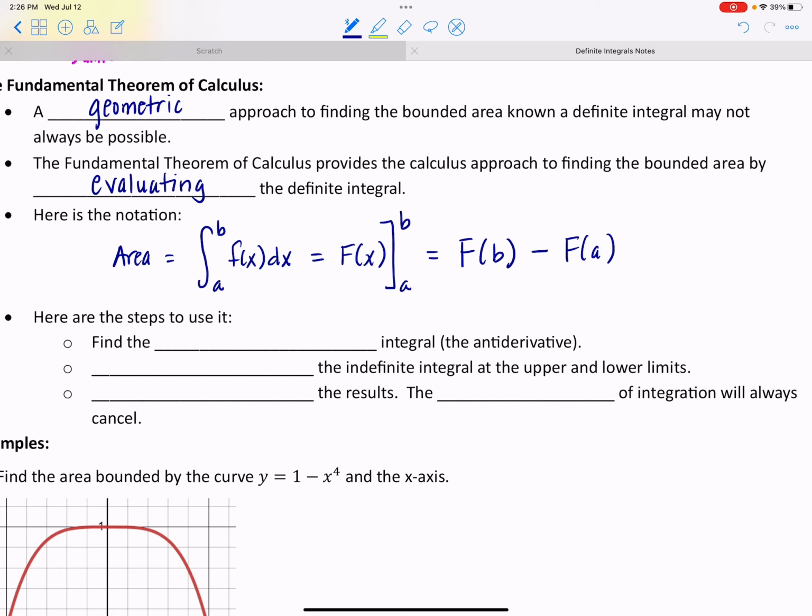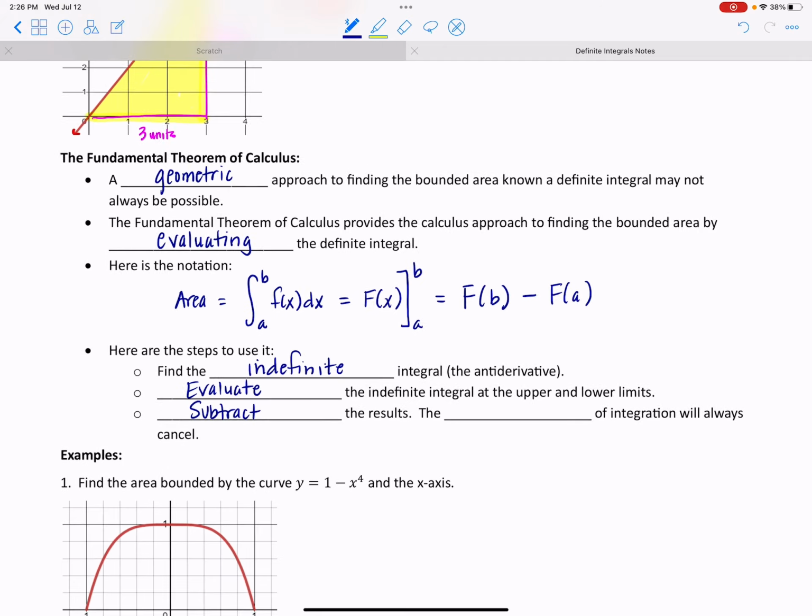Okay? So we're going to find our indefinite integral the same way we have been finding indefinite integrals. And then we're going to evaluate that indefinite integral, that antiderivative, at the endpoints, at the upper and lower limits. And if we subtract those results, we are going to get the area that we are looking for.